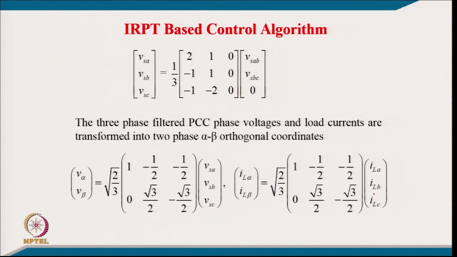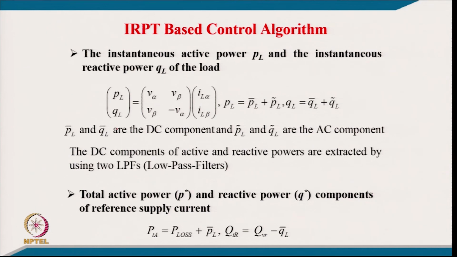Similarly, the load current is transformed to alpha beta, and then we calculate PL and QL from these two relations, that is the total power, DC component and AC component. Using the loss component we take a DC component, which is only the fundamental component of the reactive power of the load.